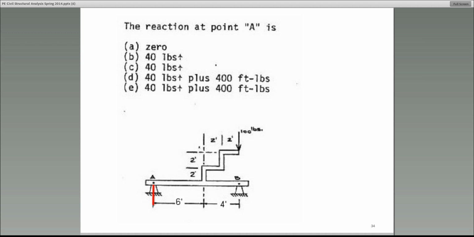The answer at point A is 0 simply because, if you look at it carefully, this 100-pound force is directly placed at the point B. And you can, of course, write the moment equation also, but if you look at it very carefully, you will see this. All right? So let's move on.